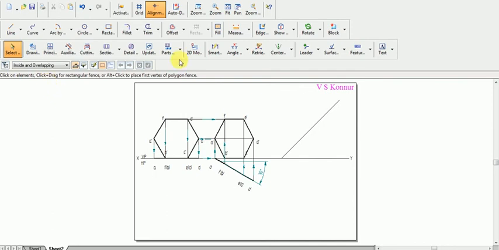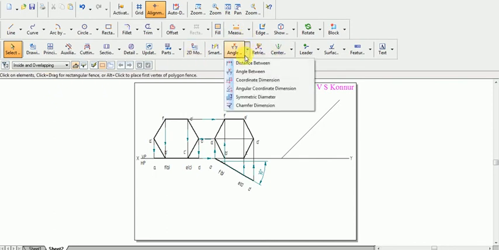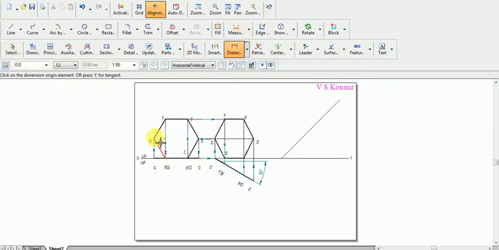Now take the distance from this point to this point, the original distance altered because of 30 degrees, 60 mm.